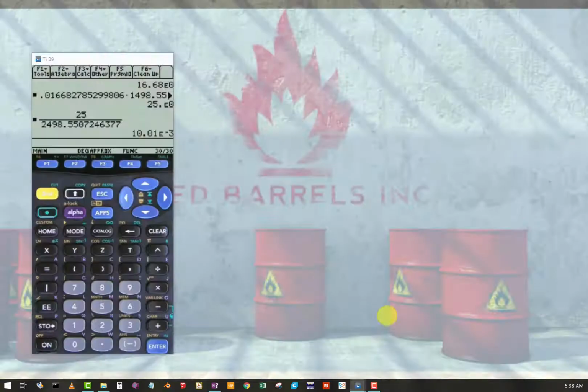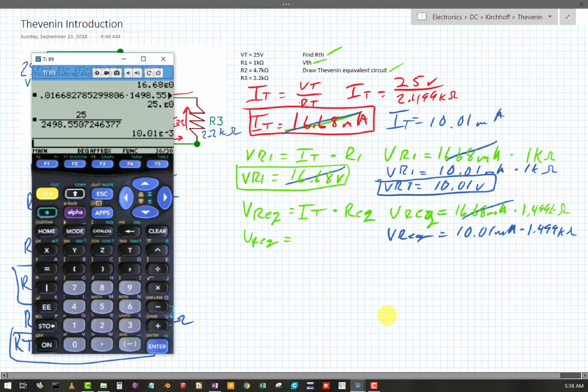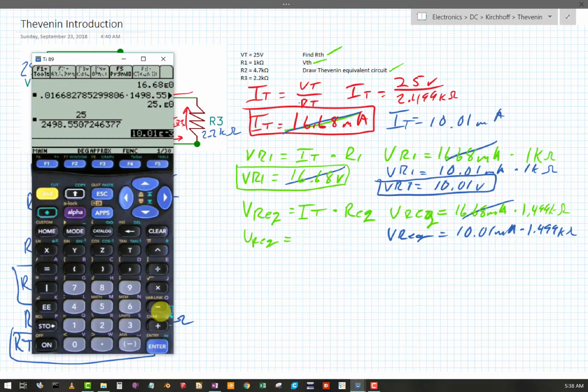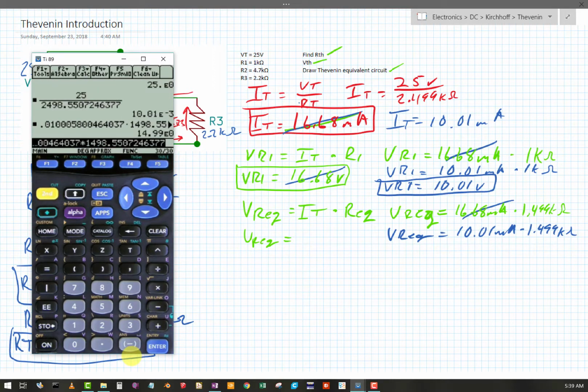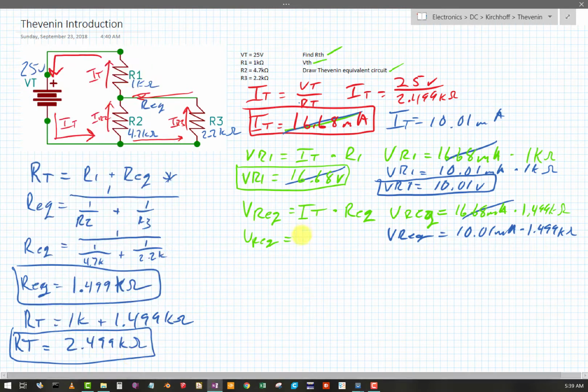So now the calculator just does what you tell it. So VREQ is going to be that number times the actual, that 1.499 number. Let's look for it. There it is. The less rounded version. So VREQ should be 14.99 volts. There it is. Okay, so let's write that.